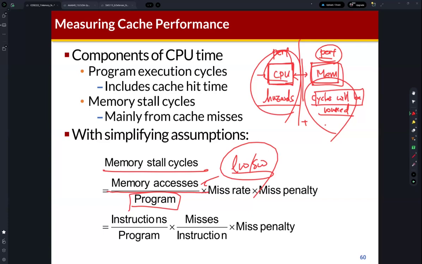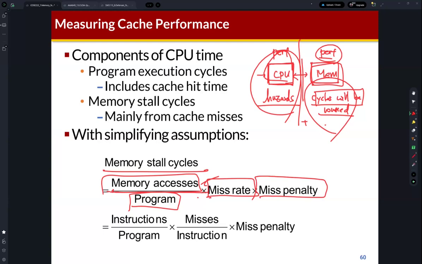But for the hit case, we don't need to consider the wasted cycles. We need to consider the wasted cycles for miss cases. So this is the number of memory accesses per program, multiplied by the miss rate, and also multiplied by the miss penalty. The miss penalty is the additional cycles for handling cache misses. So this is the additional cycles by cache misses.